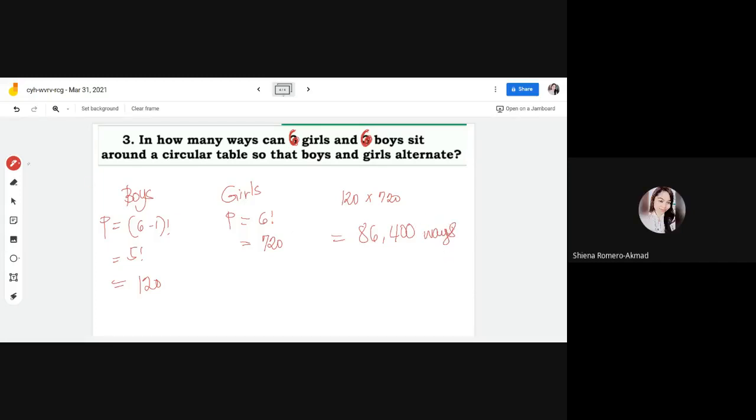Kaya sa written work, hindi nyo na kailangan i-include to ha. Pero pag nagsosolve kayo sa notebook, syempre, kailangan. And pwede rin kahit wala na tong comma. Para pare-pareho tayo ng sagot. Para hindi mamali yung sagot.